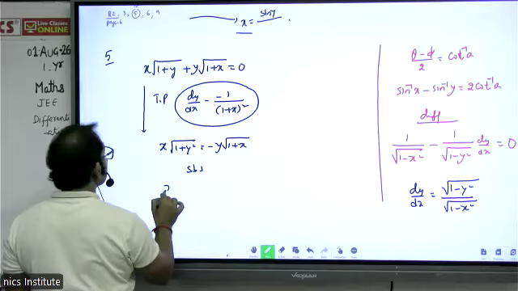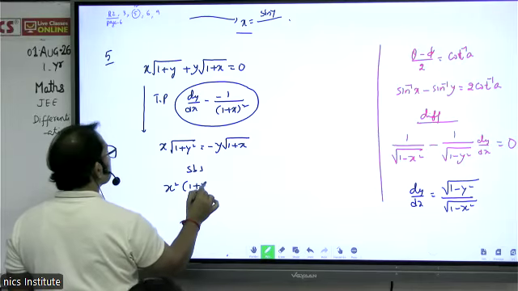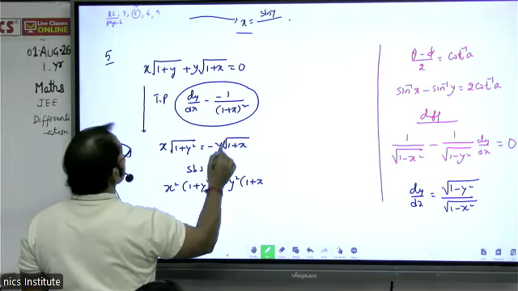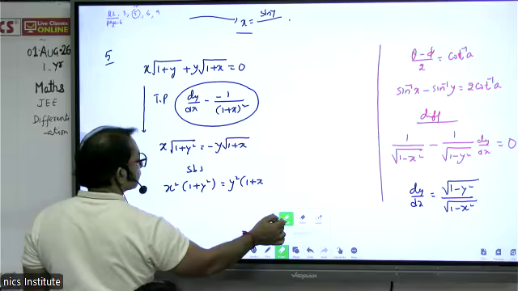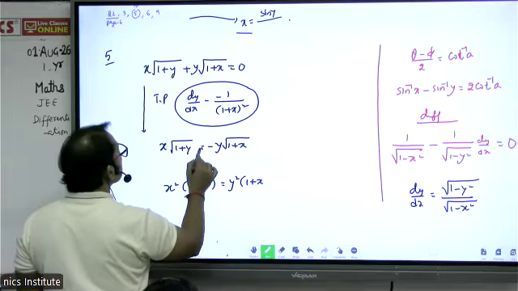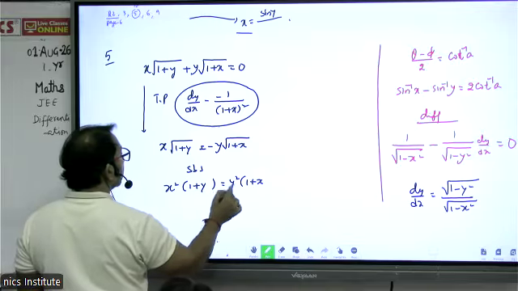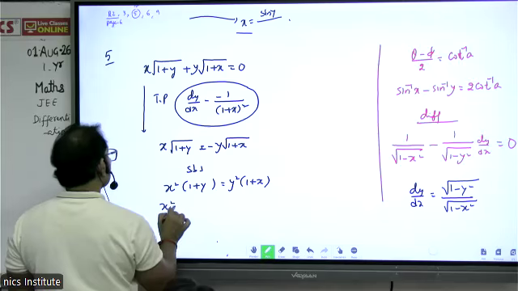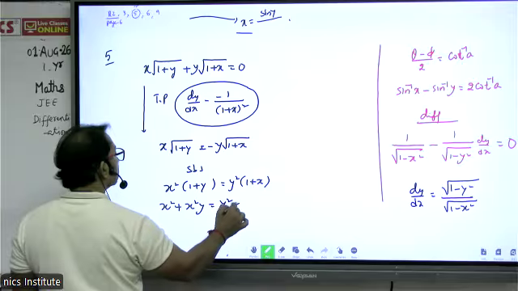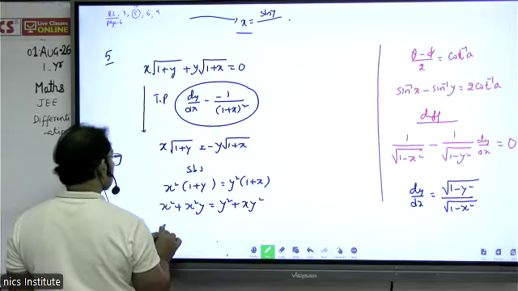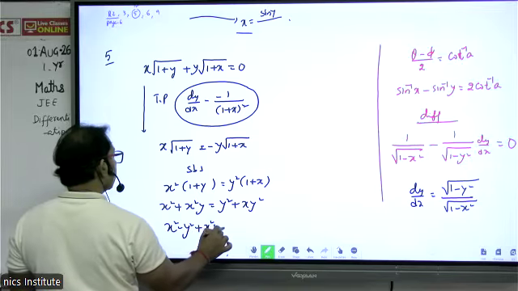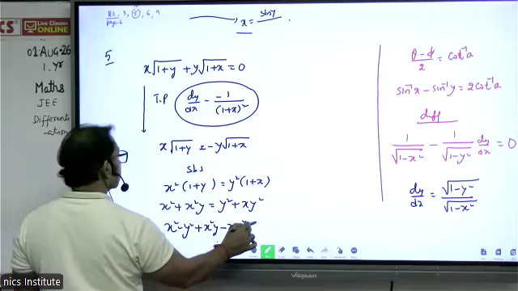Squaring both the sides, we get x square minus y square plus x square y minus xy square is equal to 0.